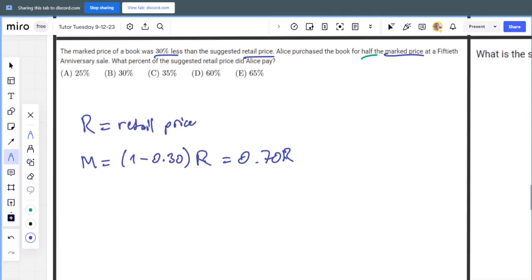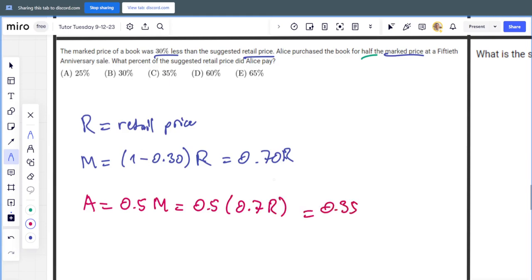Then the percentage that Alice paid is half of the marked price, which is 0.5 times 0.7 R. So multiplying all that through, she paid only 35% of the suggested retail price, because she got a 30% discount and then half off of that. So that brings it down to 70 and then all the way down to 35%.